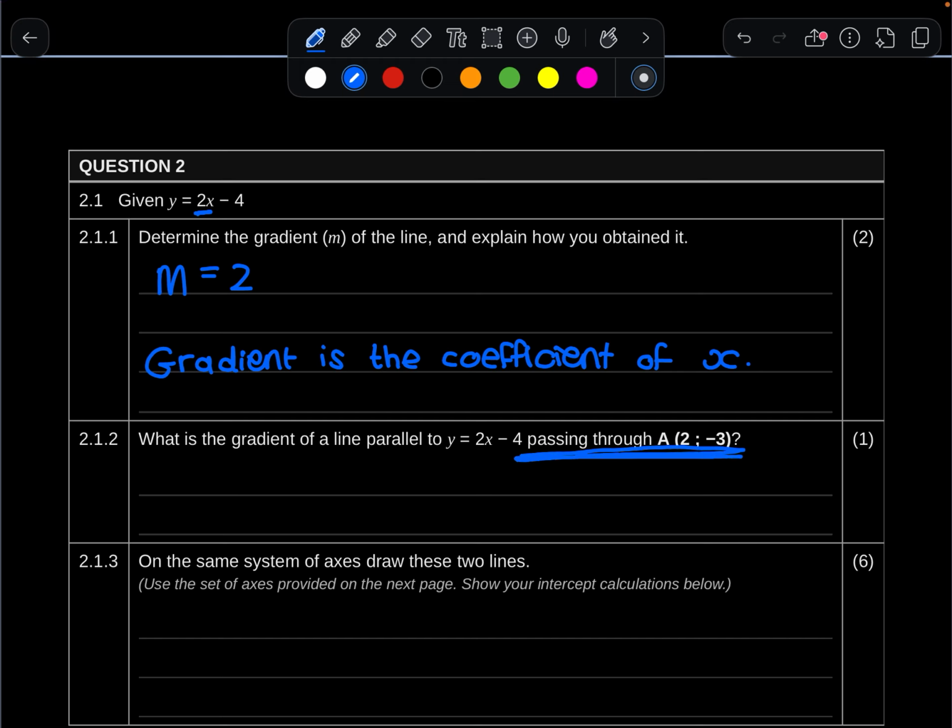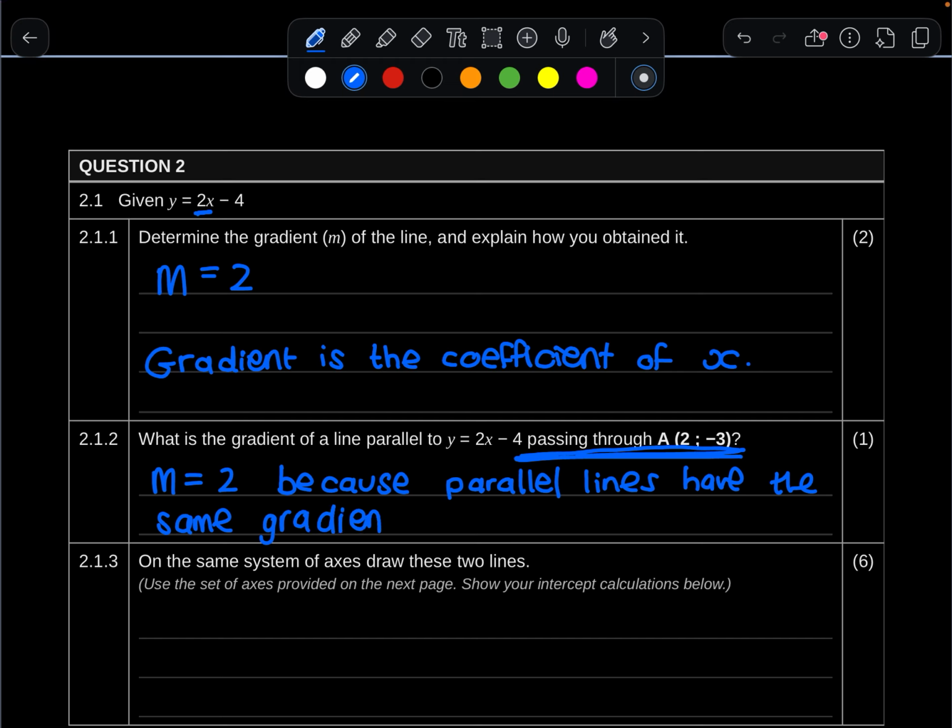So if the line is parallel to this, then it means that m is 2, because parallel lines have the same gradient. Okay, so you don't really have to do anything. They give you that point, but we don't have to do anything.